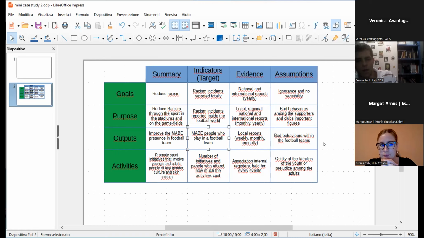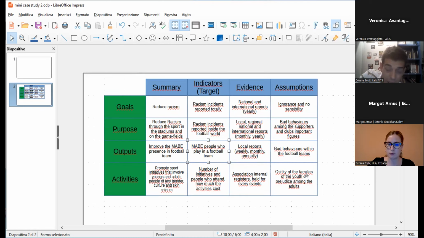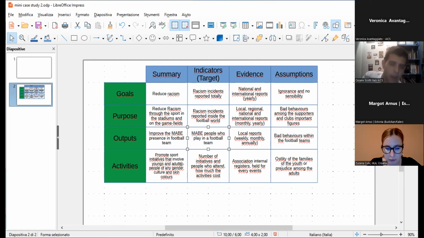I wasn't sure that I really understand what assumption means in this case, but I tried to put this at activity level, maybe because you try to promote at local level, thanks to grassroots and associations, maybe there can be the families of the youth.